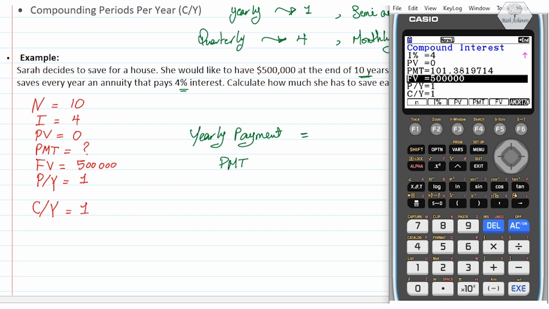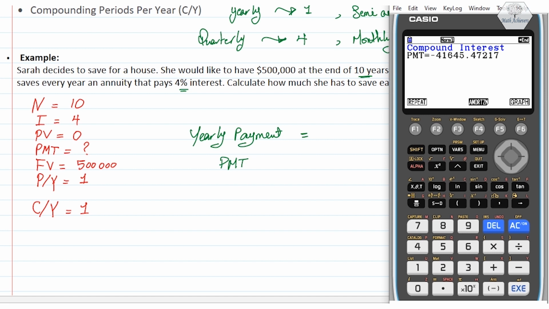Now, if I want to find the PMT, I simply press on the PMT, which is F4, which is the payment. So we press F4. We can find that the payment is 41,645.